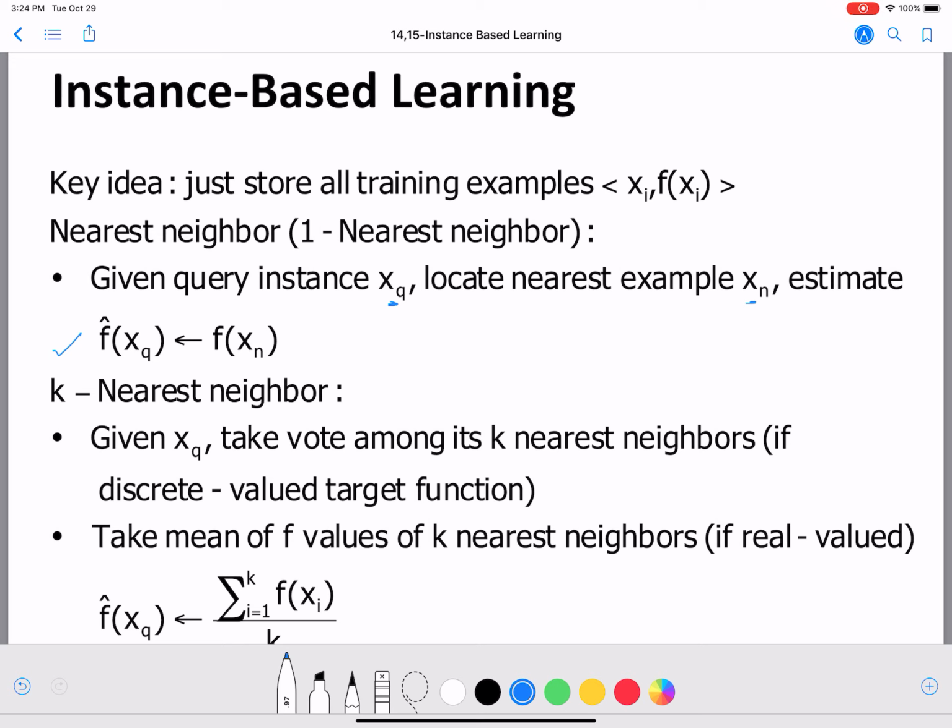Now for k nearest neighbors, we take a vote among the k nearest neighbors if it is discrete valued. So can k nearest neighbors tackle continuous valued features? Yes. Then you take a mean of the values to estimate the y of the query instance.